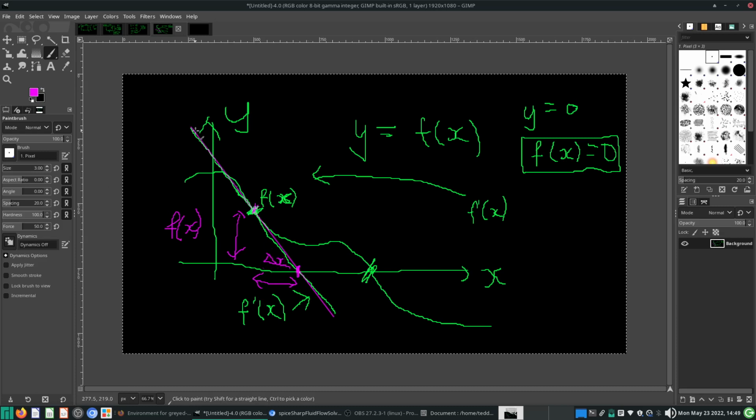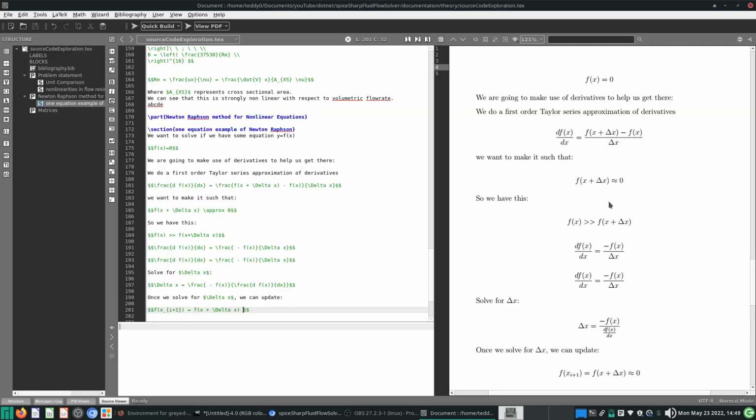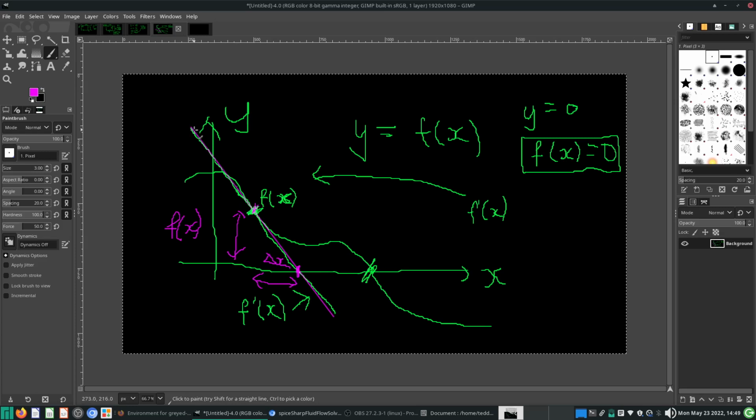Can you see? This is the derivative here, and we are saying that this derivative is actually this gradient we have right here.